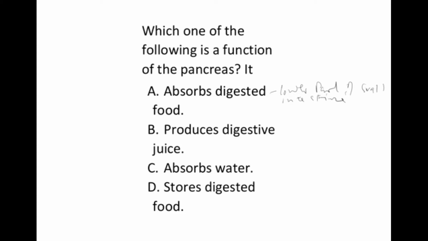When you look at our choice B, produces digestive juices. These digestive juices, they are also called enzymes, and they are produced in parts like the mouth. We have the saliva. We have parts like the stomach. We have gastric juice.